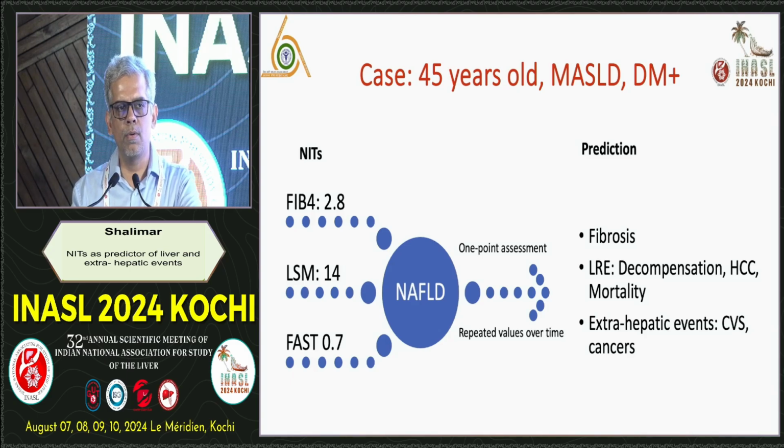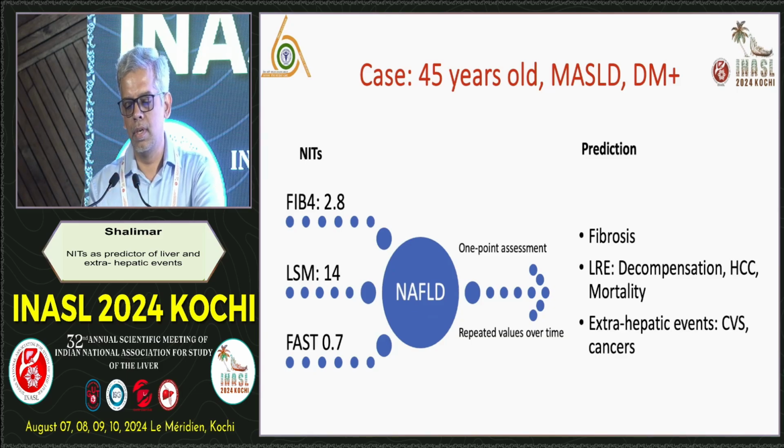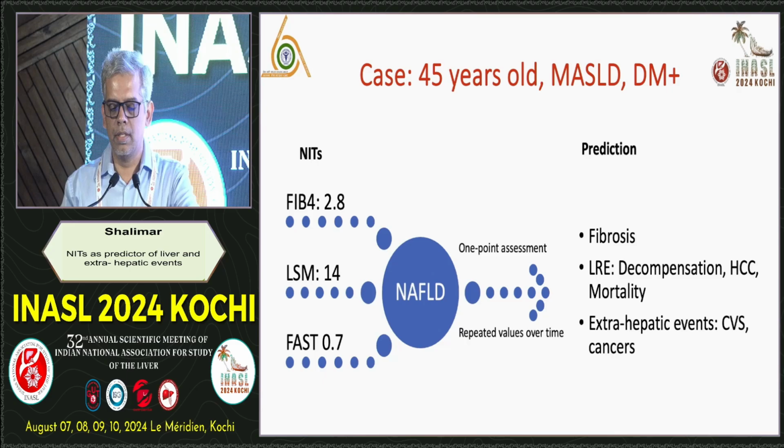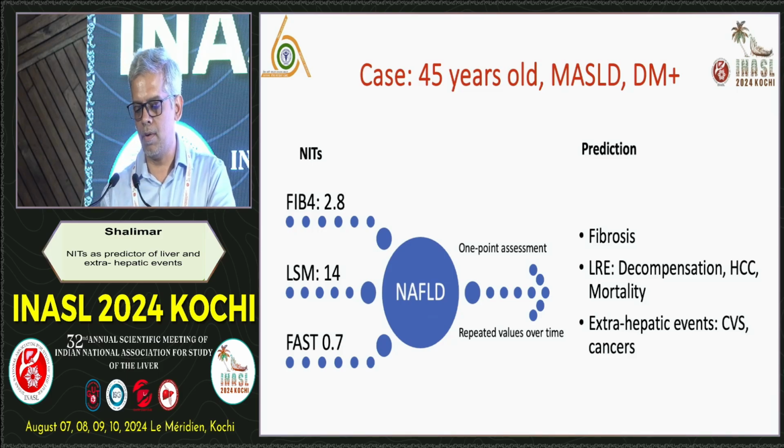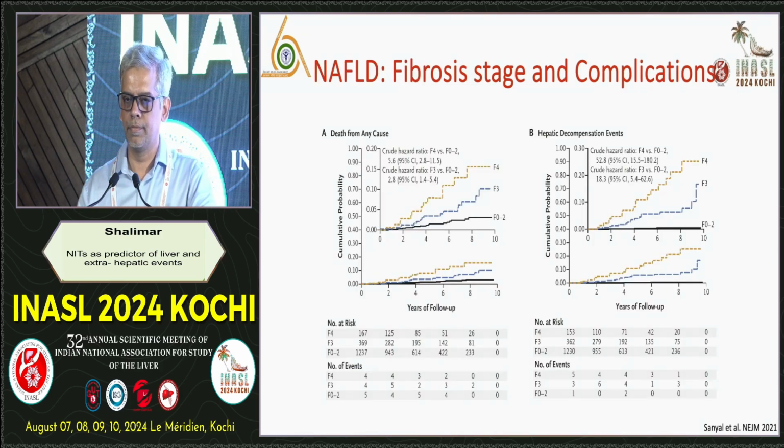Let's look at how the use of NITs as single point assessments or repeated values over time help in predicting fibrosis and liver-related events, which I'll be taking into account as published in studies, that includes decompensation, development of HCC or mortality, and extrahepatic events in the form of cardiovascular events and cancers.